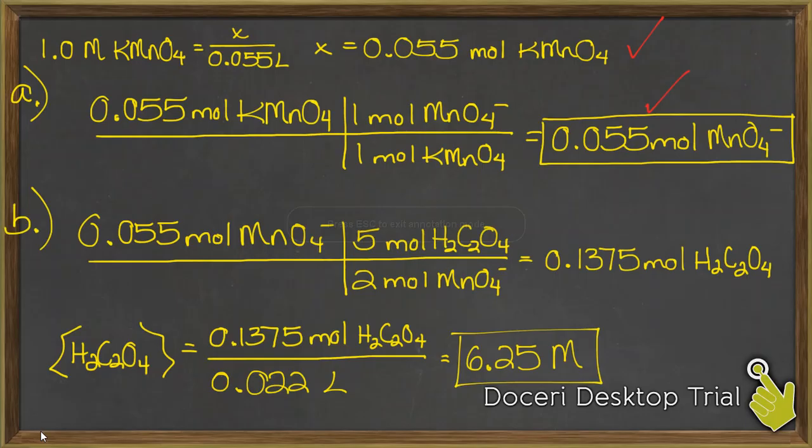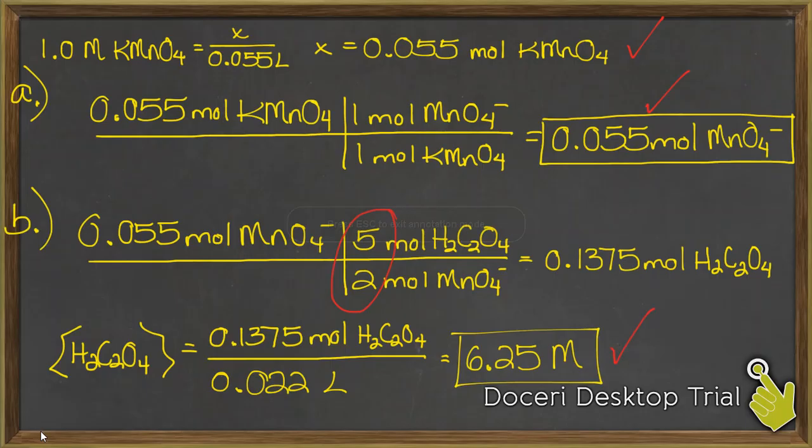Part B, guys, is no different than the acid-base titrations we were doing, the only difference being that since we know we're at the equivalence point right here, the coefficients in our acid-base reactions just so happen to be 1 to 1, whereas in this redox reaction, the coefficients were 2 to 5, but it's the same process, okay? 0.055 moles of permanganate must have required 0.1375 moles of oxalic acid, which then we were given the volume of the oxalic acid.